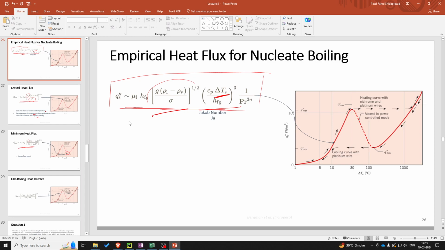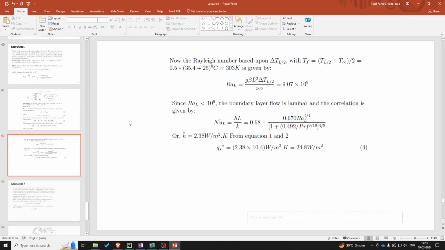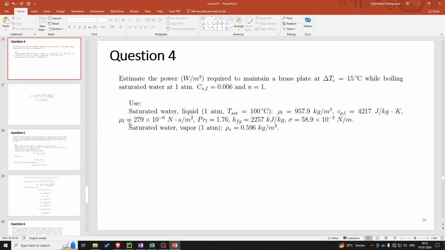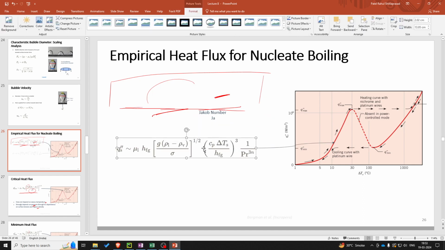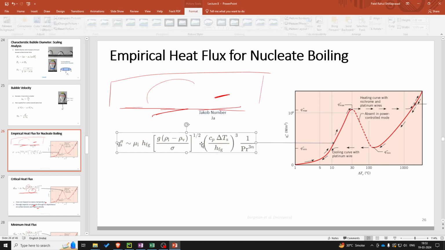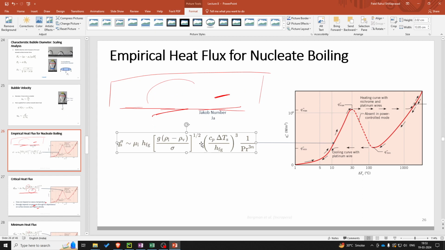So for example, since delta T was given as 15 degrees Celsius, over here you can see that delta T is 15 degrees Celsius. That implies that in the boiling curve, we are over here, that is nucleate boiling. And for this nucleate boiling, we have been given this formula, so we need to use this formula.